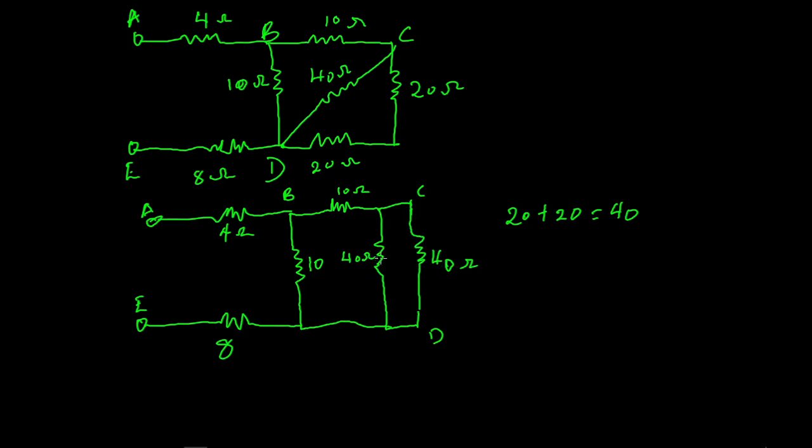Now, these two 40 ohms resistors are in parallel. So to get the effective resistance of these two resistors in parallel, we have (1/40 plus 1/40) raised to the power of -1.